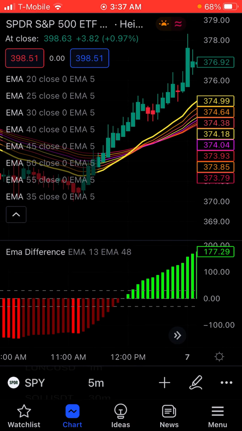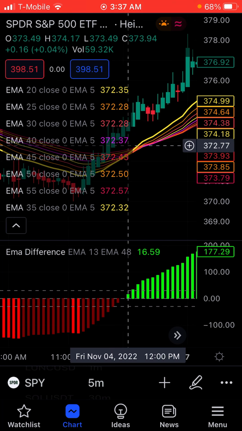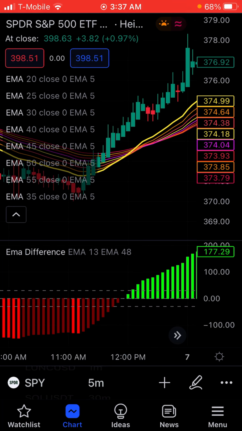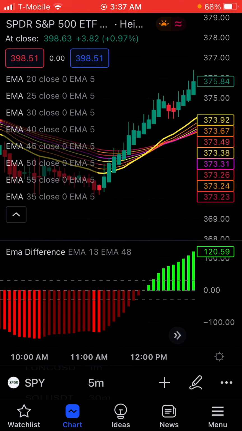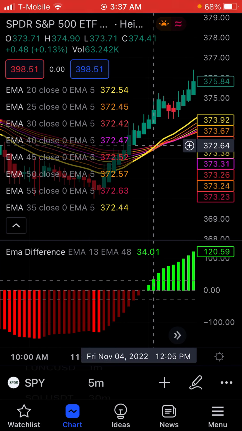So from this point on, let me do a measured example here. Right about here, you see the 20 EMA crossing all the way over to the 55. You have to wait for that. And then you also see your EMA difference with the 1348 confirming that it's going to be going up.